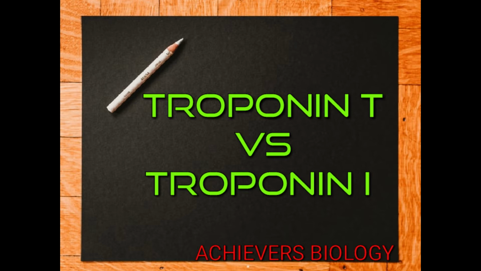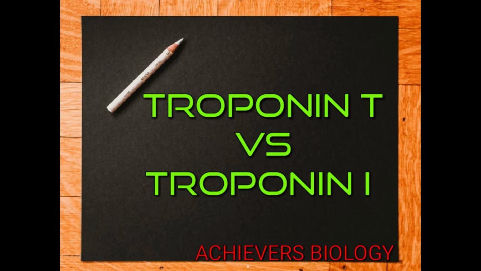In case of Trop I, it is up to 90% sensitivity in myocardial infarction, and at the onset of symptoms it will be 95%. Low specificity for unstable angina will be seen in Trop I cases.